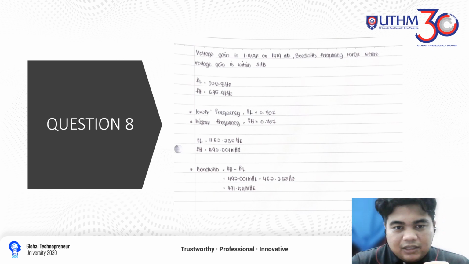So here is the calculation to find the bandwidth, FL and FH. So the bandwidth is FH minus FL. So we got the bandwidth is 491.54 megahertz. This is the bandwidth.